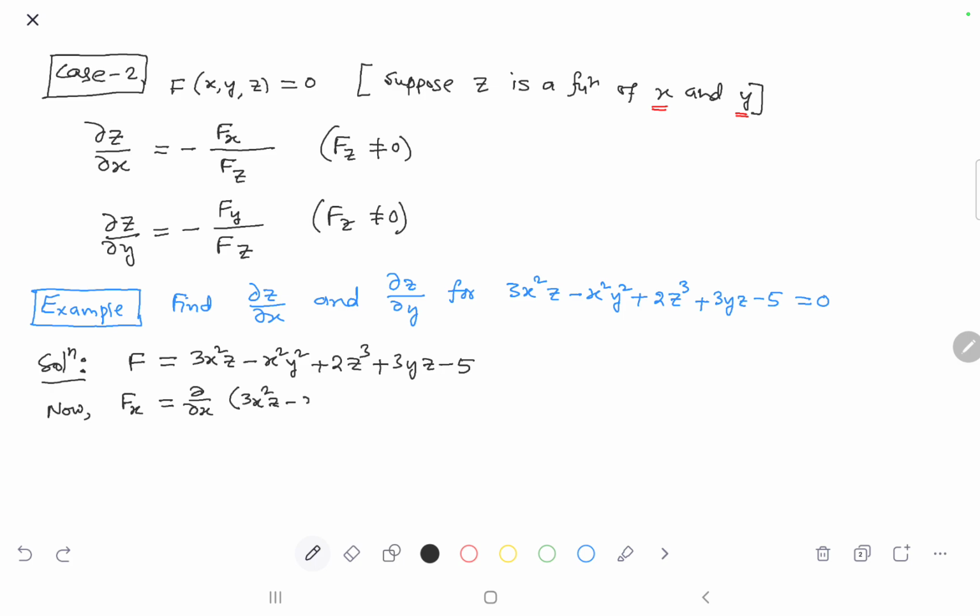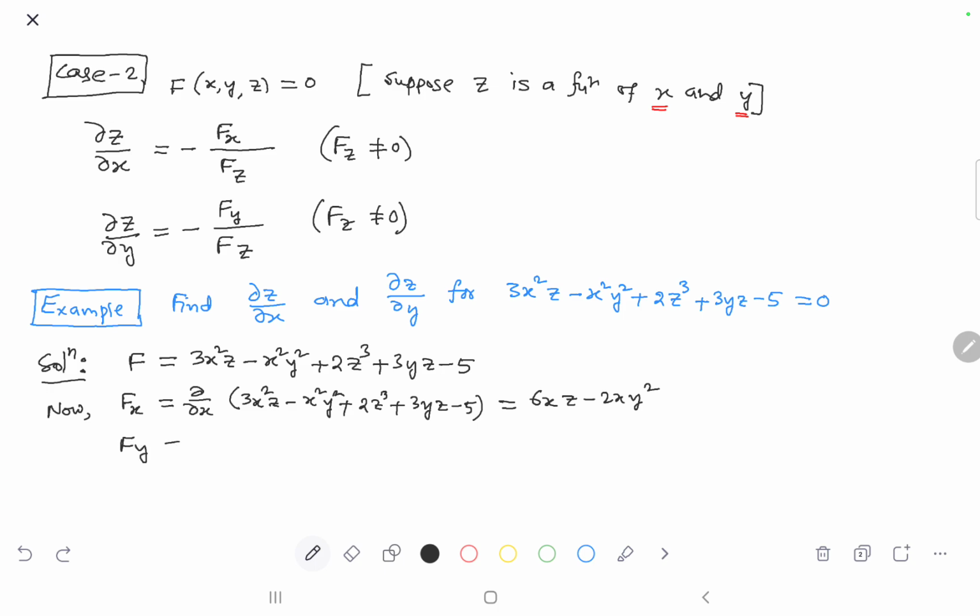So the change with respect to x will be what? Then y and g are constant. So this will be 6xg minus 2xy square, and the rest of the part is constant, so we get 0.